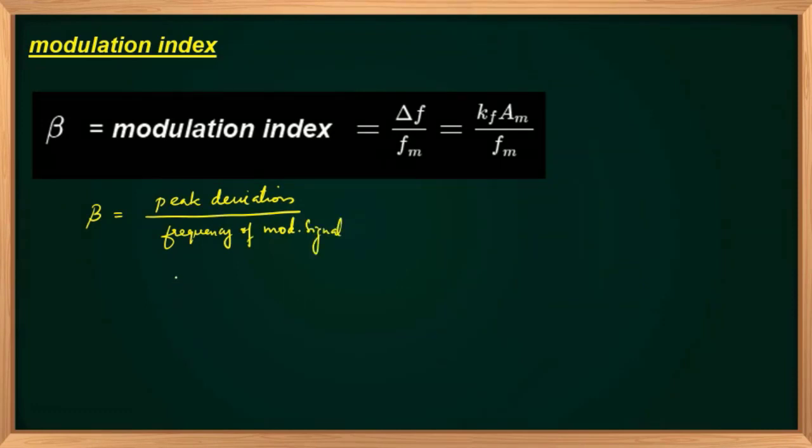So beta is the modulation index and is given by delta f divided by fm.